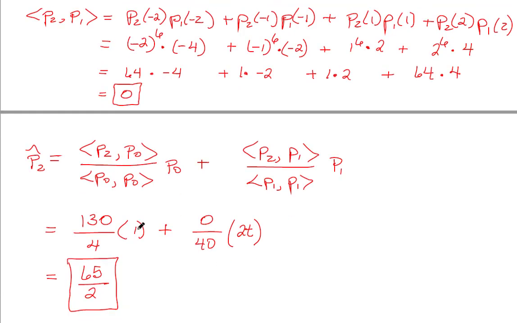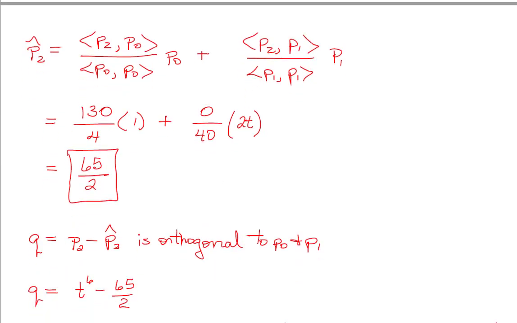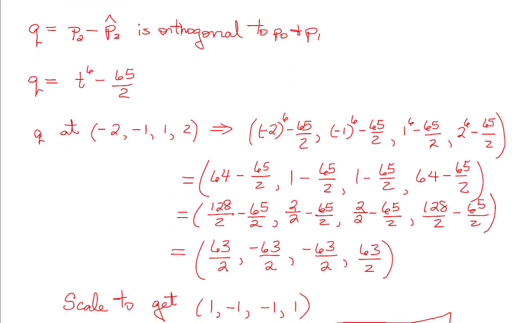All right, so when we finally get done, what we find out is this inner product was 130 over 4. P0 was just 1. P2, P1 is 0, which means that whole term is gone. And so the orthogonal projection is simply the constant 65 over 2. All right, and so then we would like to find Q, which is orthogonal to P0 and P1.